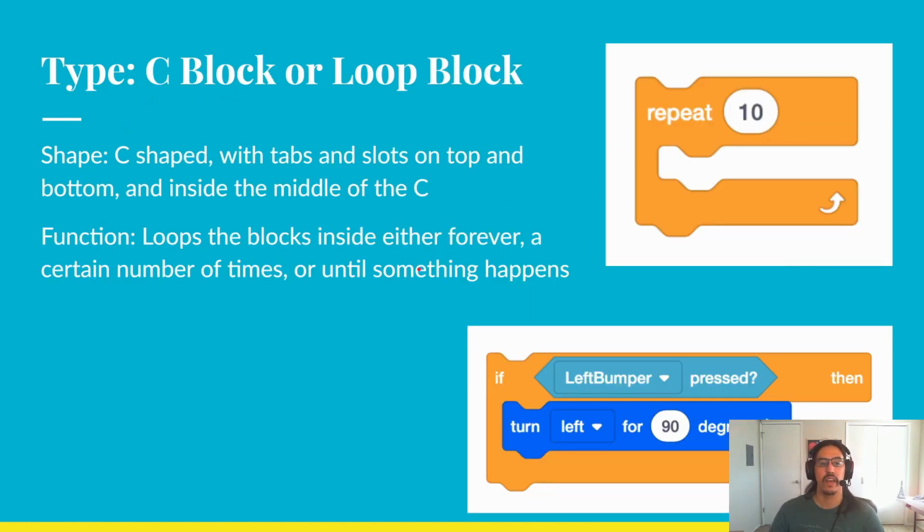All right, so let's go ahead to the last type of block, which is the C block or the loop block. And these are named C blocks because they are shaped like a C or like a mouth.